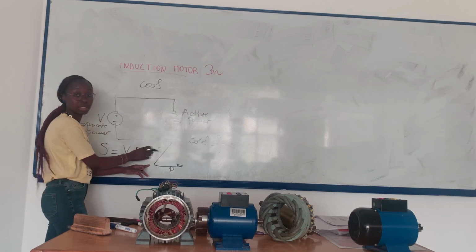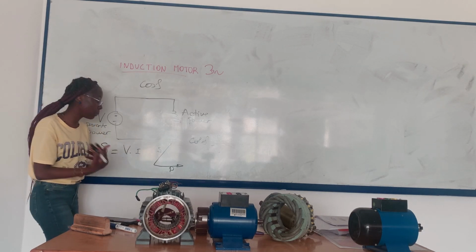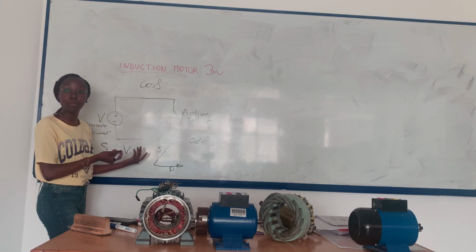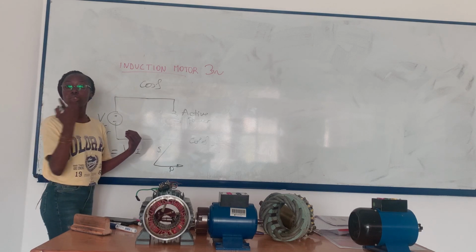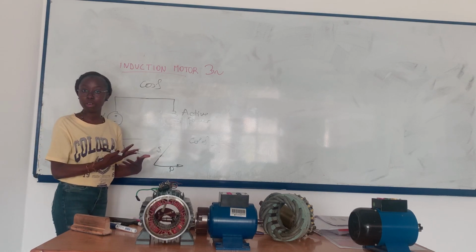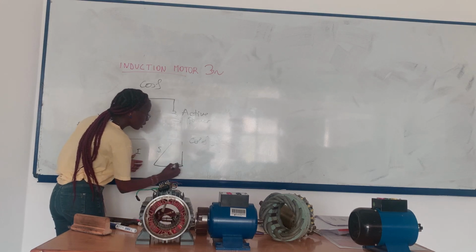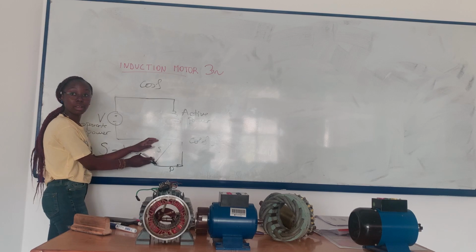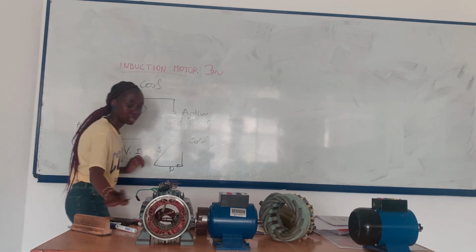This is good for us, for users, for example, but for people who generate electricity it is a problem. That's why they need to introduce the reactive power. The reactive power will help us to reduce the apparent power, as I was saying.